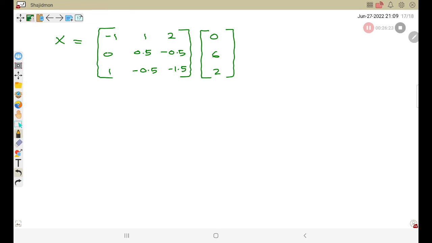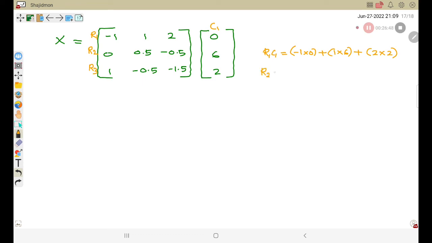As I told you, first we multiply row number 1 with column number 1, row number 2 with column number 1, row 3 with column number 1. So you can check first R1, C1. Minus 1 with 0, plus 1 with 6, plus 2 with 2.